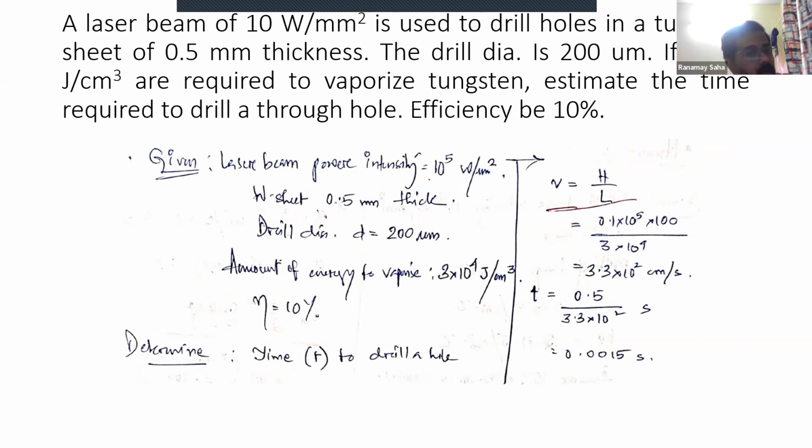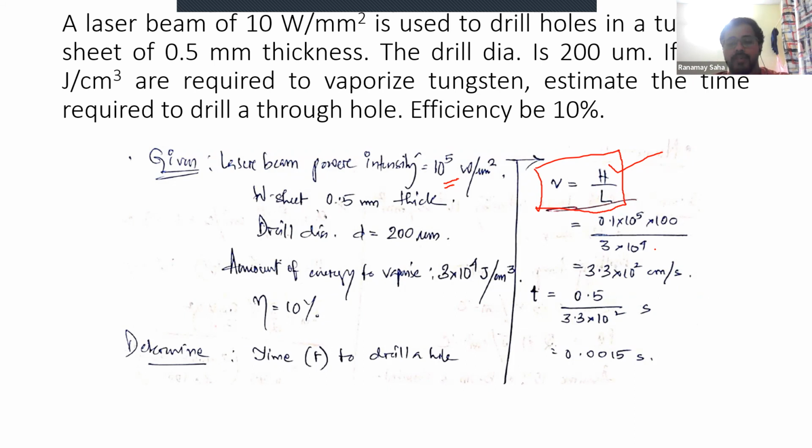So for high power intensity, we have used this kind of relation, V equal to H by L, a very simplistic version. You just plug in the value of H, which is 10% of whatever is given to you as the laser beam power intensity, and then multiply it by L, which is the latent heat required to vaporize, 3 into 10 raised to the power of 4 joule per centimeter cube.